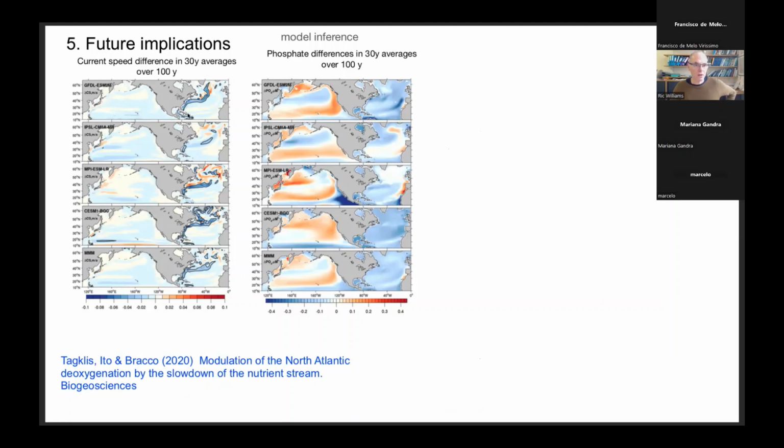And they looked at a series of climate models, GFDL, IPSL, MPI, CSM, and they noted that it was a coordinated signal of a weakening in the current speed over a 30-year average when they project forward in time. And their argument was that that weakening was then associated with a reduction in the phosphate concentrations over the North Atlantic.